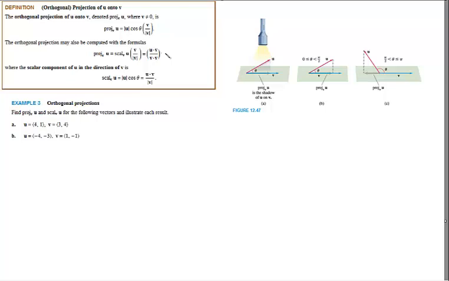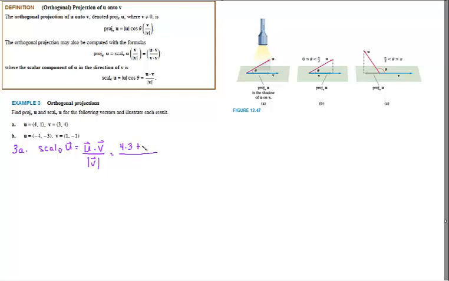If I want to find, let's do the scalar one first. If I wanted to find the scalar, I just take the dot product of u and v, divide it by the magnitude of v. Alright, just using the theorem that we learned, I am going to multiply 4 times 3. Those two vectors are in that same direction, or those two components.